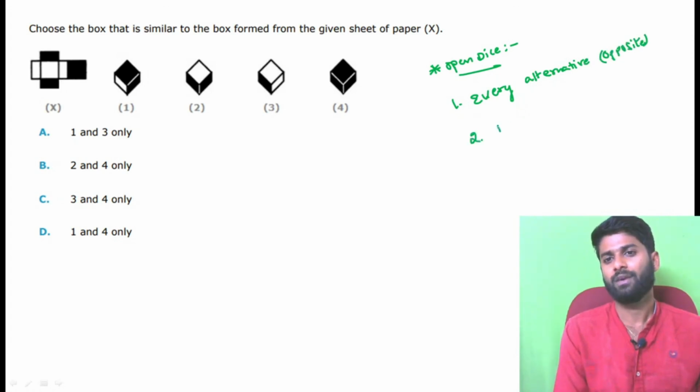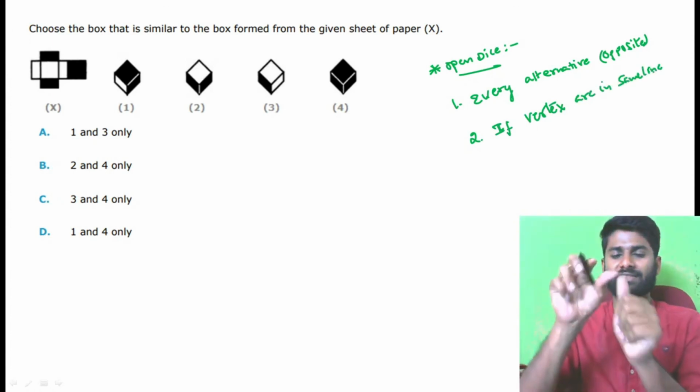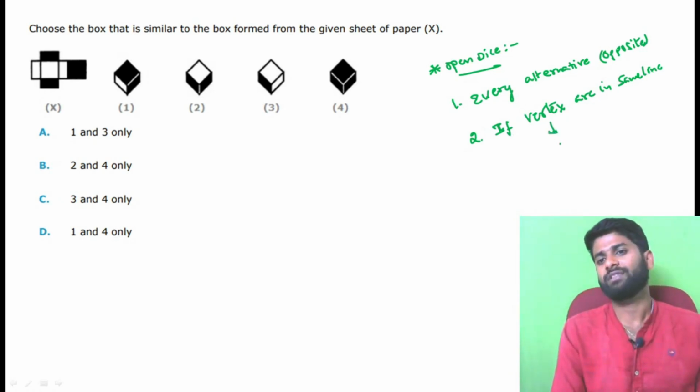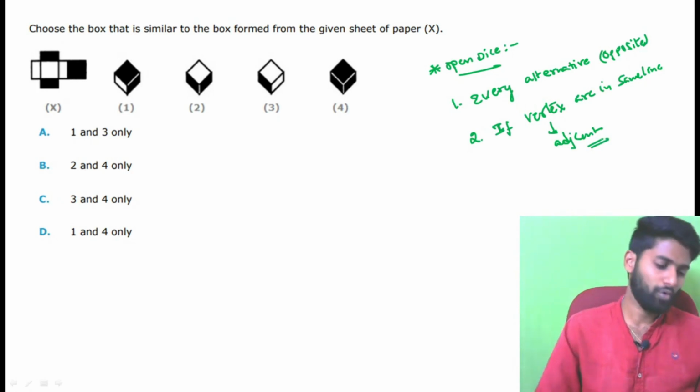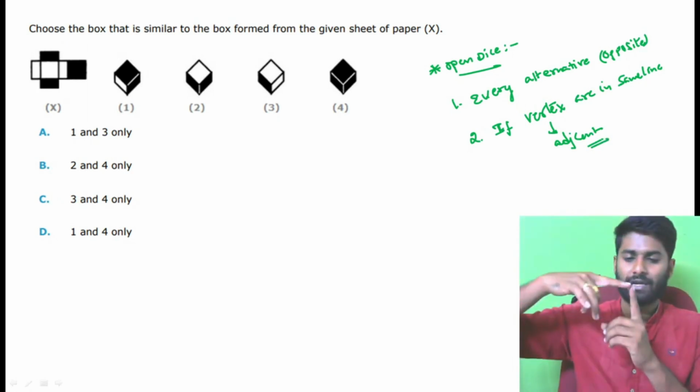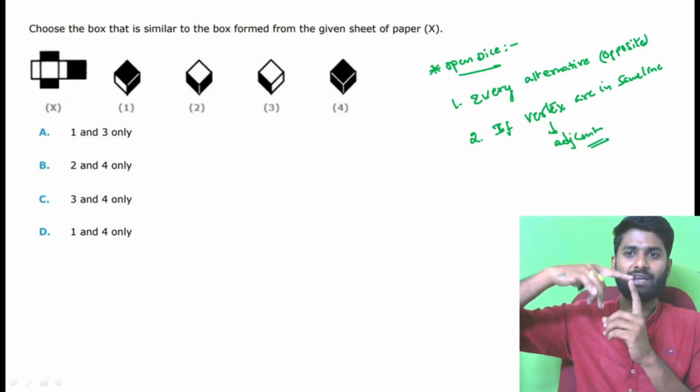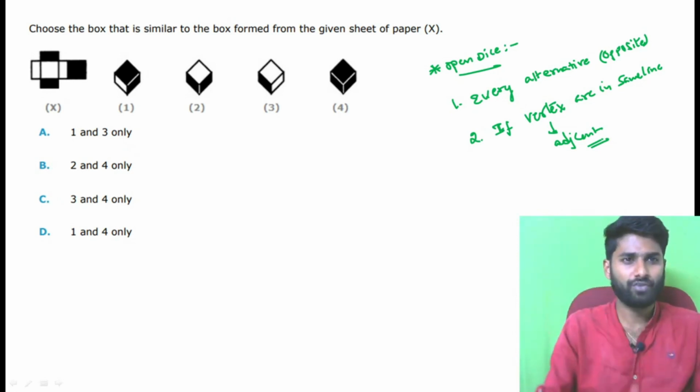Second point, if two vertices are in the same line, remember guys, they will always be adjacent. So remember these 2 points to solve any questions related to open dice. If two contact points or two vertices are in the same line, they will definitely be adjacent. There is no chance of opposite. Now you can decide that.